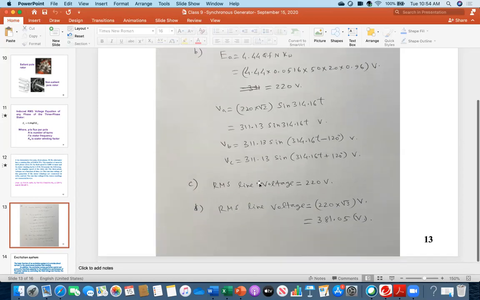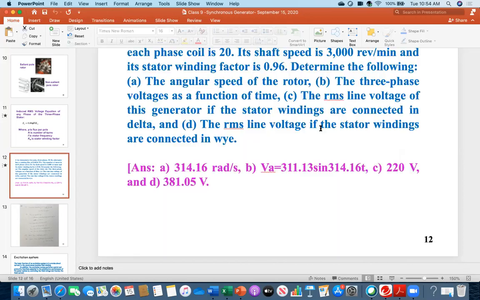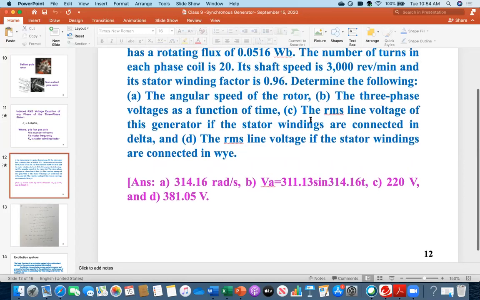Okay, so moving forward, there are two more questions. Question number C, everybody see: what is the RMS line voltage of this generator if the stator windings are connected in delta?